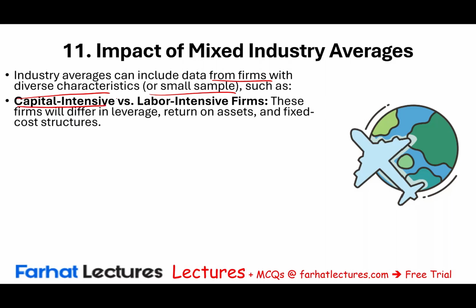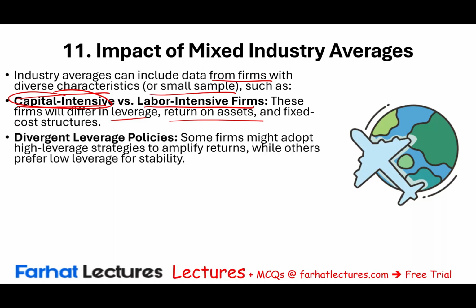If we're looking at capital intensive versus labor intensive firms, these firms will differ in leverage, return on asset, and fixed cost structure, because the capital intensive rely on their assets and the labor intensive rely on their labor. So when you're comparing, even though they could be in the same industry but using different strategies, they will differ. Ratios will not make sense.